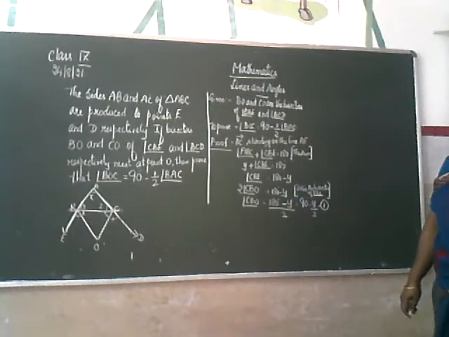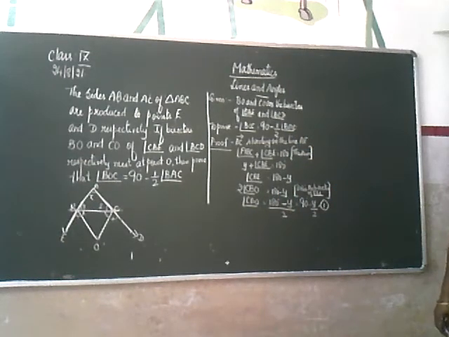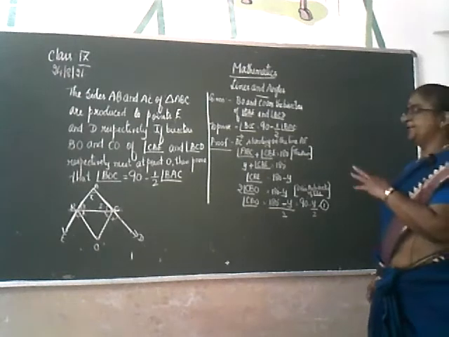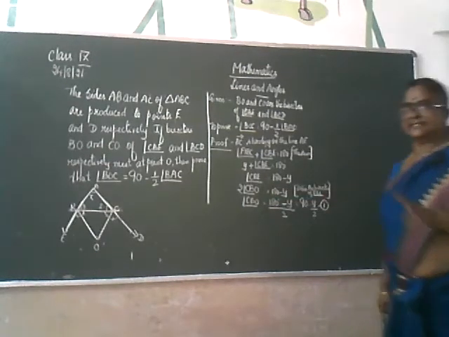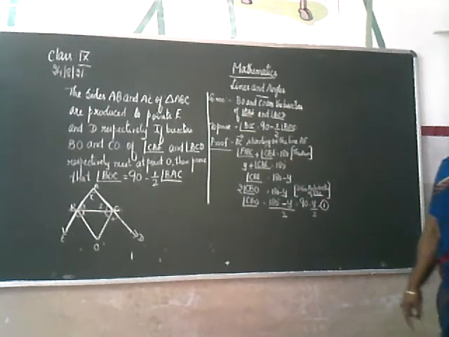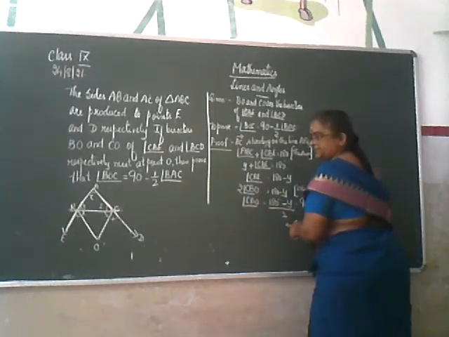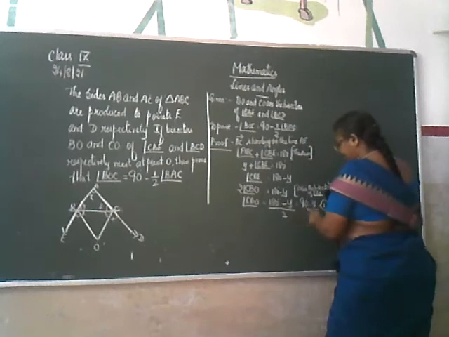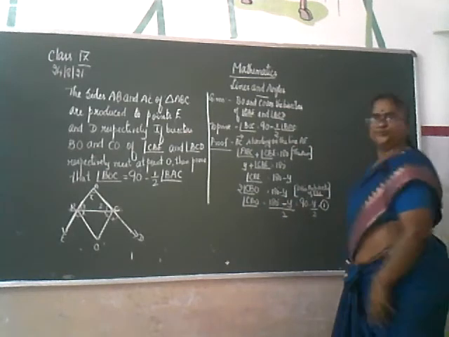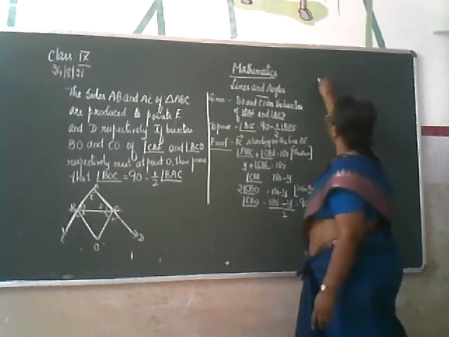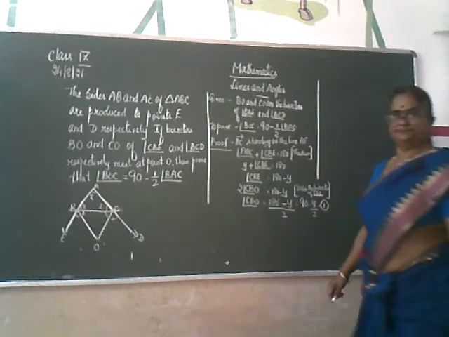So CBE is nothing but 2 times CBO. So here it is multiplied. When it comes to this side, it will become division. 180 by 2 is 90 minus Y by 2. Okay. Similarly, let me find out the other one.